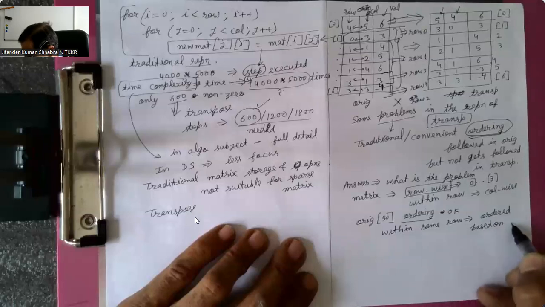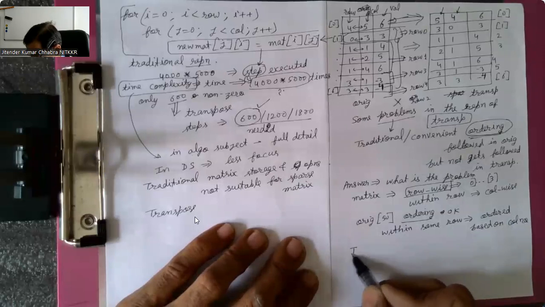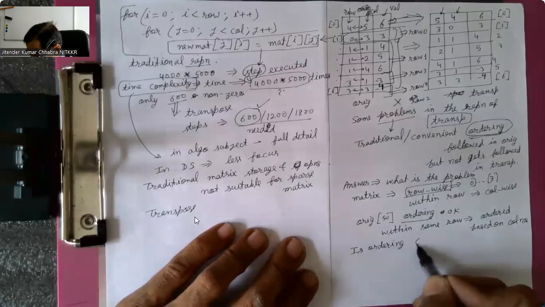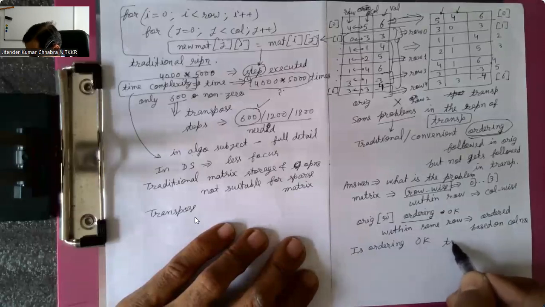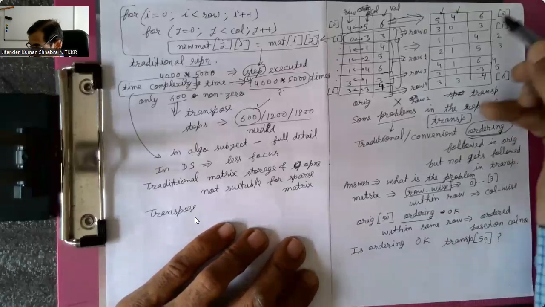And that's also quite logical. We are doing it like that, but primarily we always followed that. Is the ordering okay in the transposed matrix? Just have a look.